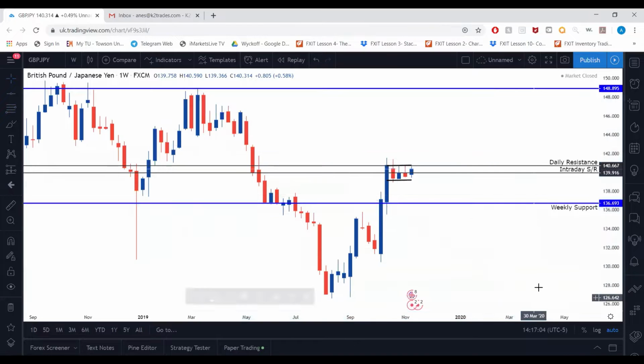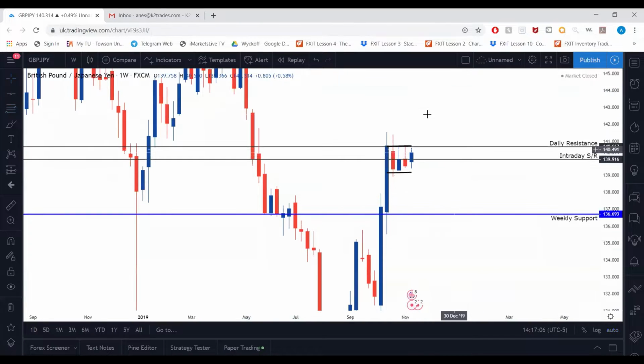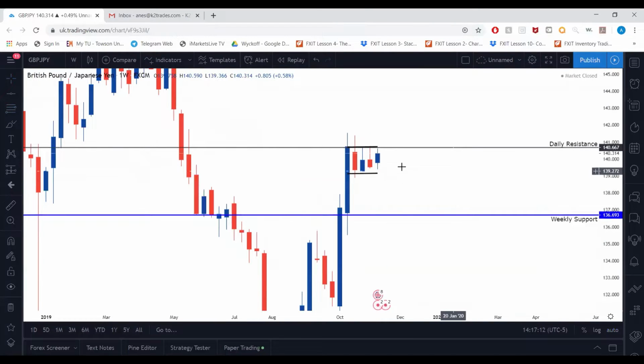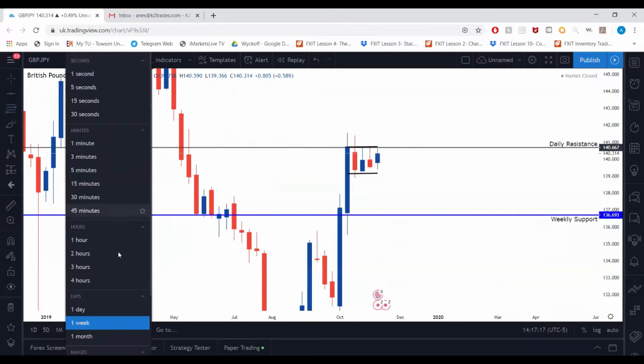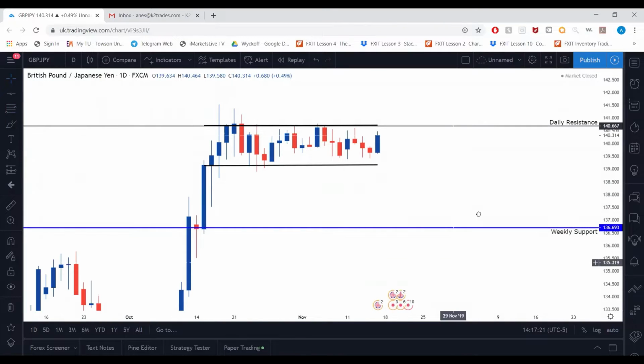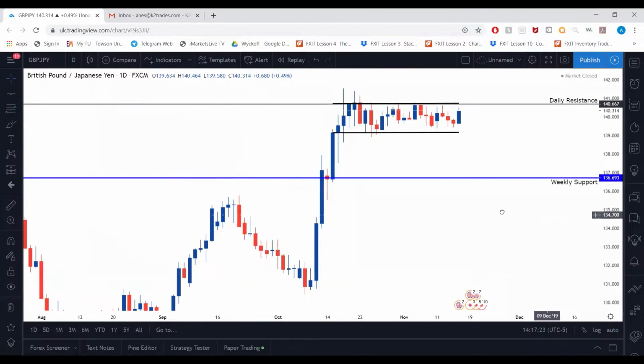What I like more is that it hit this daily resistance and wicked from it, and now it's been ranging for 4 weeks in this side channel. So it's definitely something to watch.